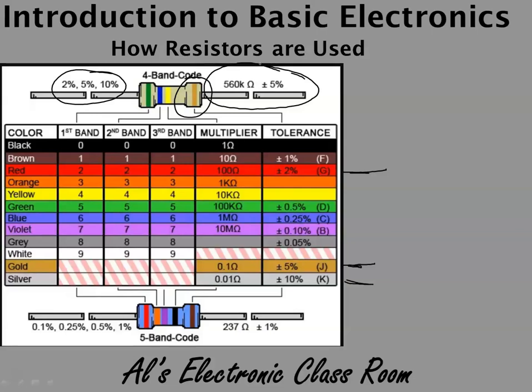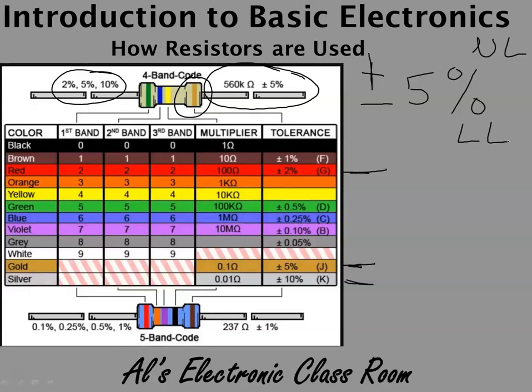That plus or minus 5% gives an upper limit, which I'm going to abbreviate UL, and a lower limit. So that resistor can go 560 K ohms 5% above, and 560 K ohms 5% below. And I'm going to show you how to get that.